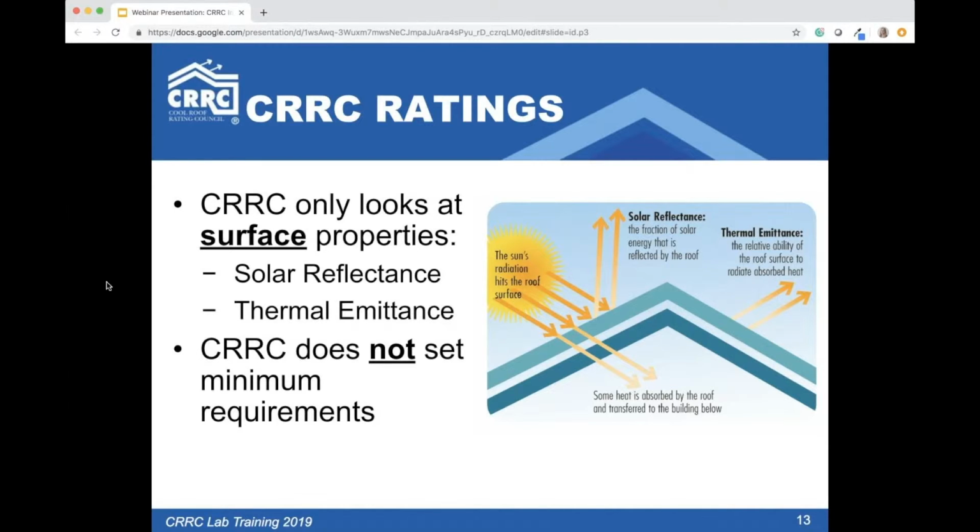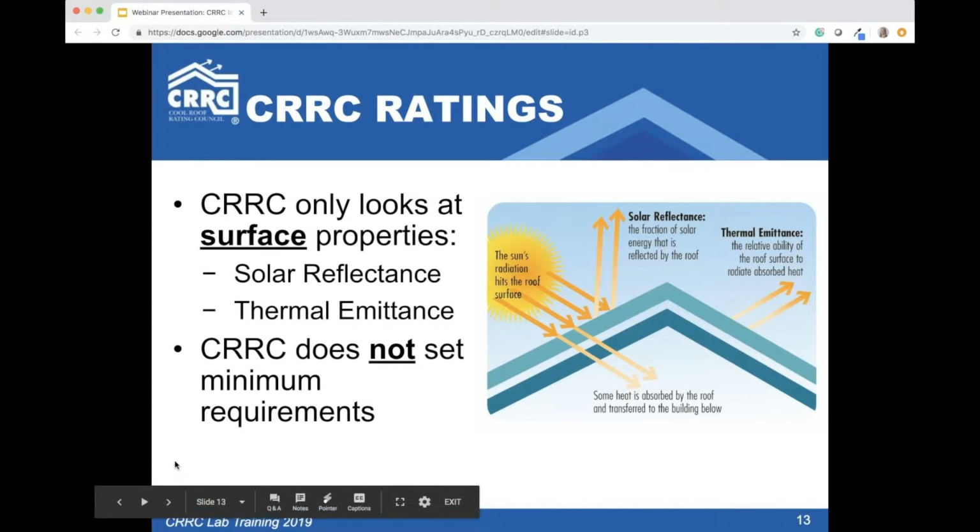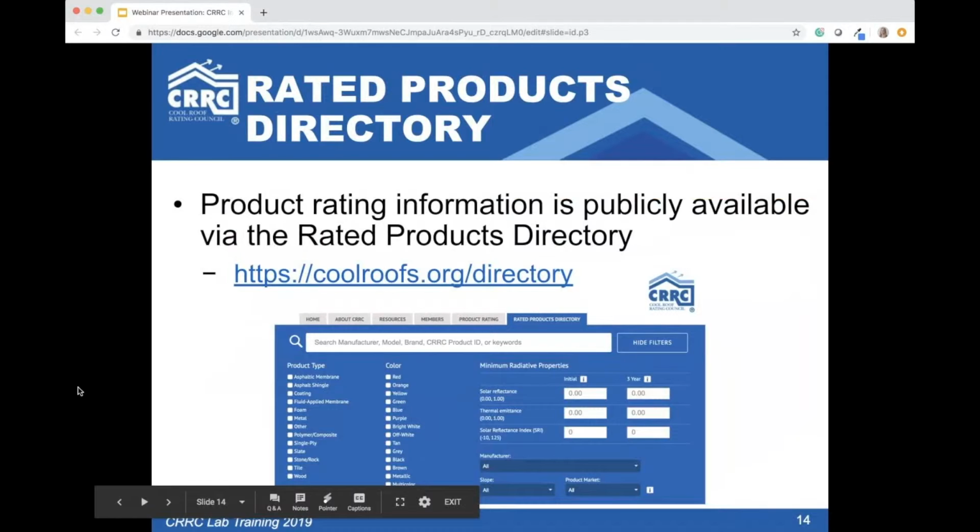And we do have information about codes and minimum requirements available as part of our education pillar. But again, we are not involved in setting any sort of value in terms of a minimum requirement, and we don't exclude any roofing products from participating in our rating program.